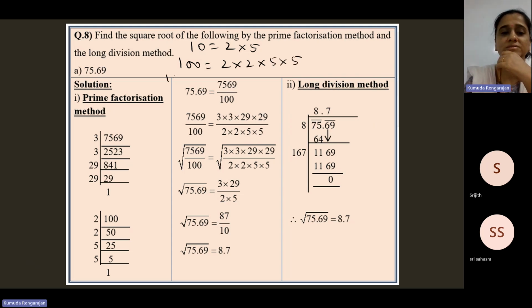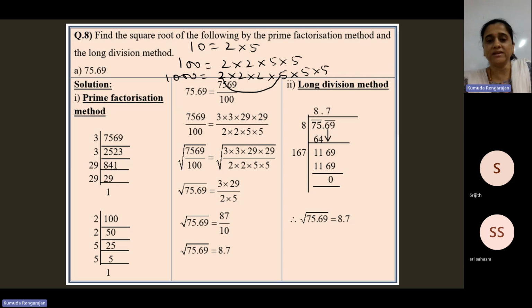What about 1000? 2 into 2 into 2 into 5 into 5 into 5. Why? Because 2 5s are 10, 2 5s are 10, 2 5s are 10.